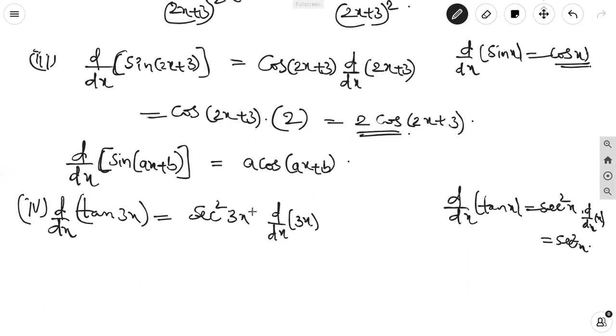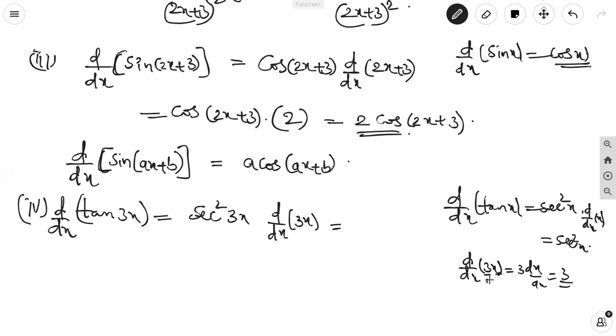But here it is not in x form, it is in 3x form. So again we take the derivative of the function involving the variable. It is equal to the derivative of 3x. The x derivative is 1; 3 is a constant outside, dx by dx is 1, so it is 3.